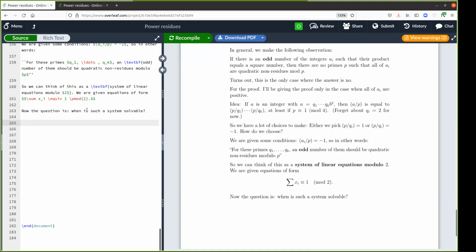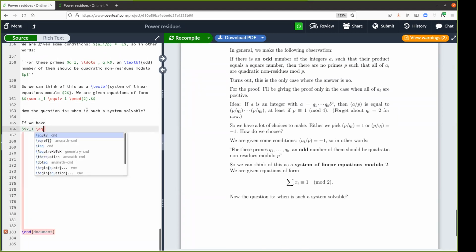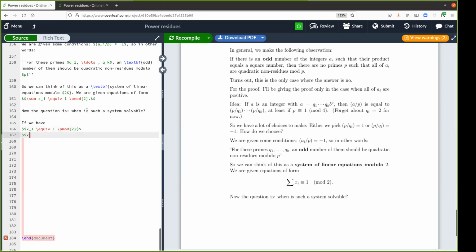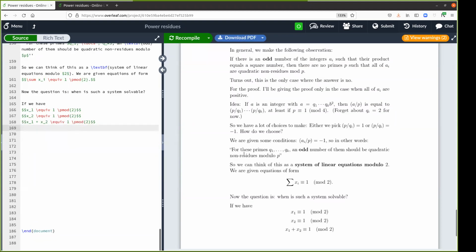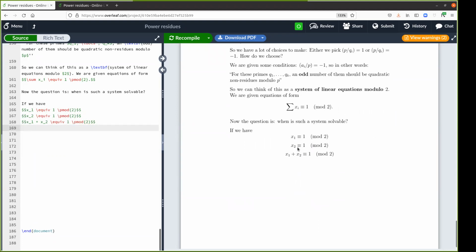Well, obviously they aren't always solvable. For example, if we have the system where x1, x2, and x1 plus x2 are all 1 modulo 2, then obviously we don't have a solution.